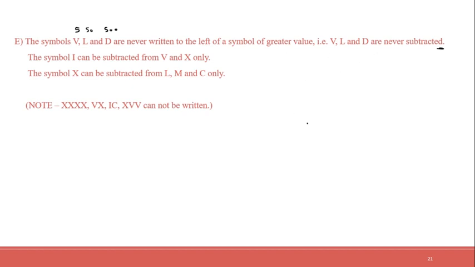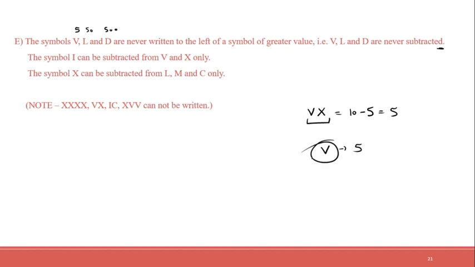If it is written here that we cannot subtract 5, why? If I want to write 5 and I am writing it like this, that means 10 minus 5, it is 5. So why would I write it like this when I have a separate symbol of 5?